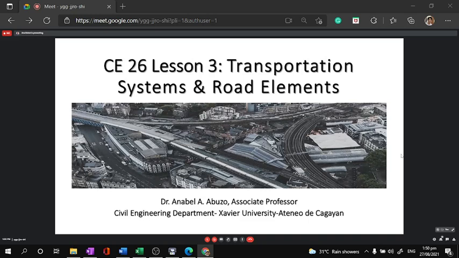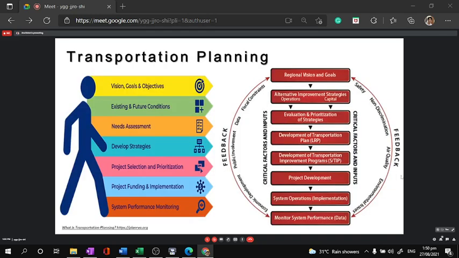Last meeting, we discussed infrastructure and planning, energy, and related applications of systems, which will expand to road elements. We made mention that on the planning side, we usually have a stepwise method to look at transportation engineering as a huge investment and huge infrastructure system application. So we need to look very thoroughly at the transportation planning side.